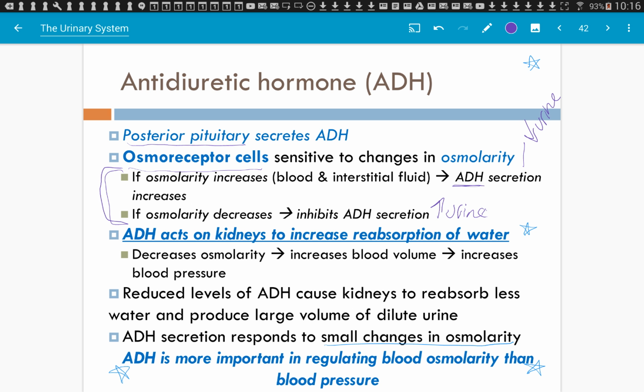And the most important thing down here, bold and italicized: antidiuretic hormone is more important in regulating blood osmolarity than blood pressure. The one that's important with blood pressure is your renin-angiotensin-aldosterone mechanism. Okay, two big differences.